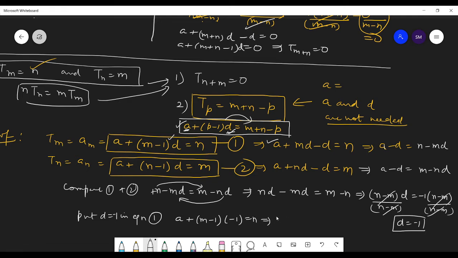So what's the value of a? a will be equals to, here I get minus m, and if you take both the terms this side, their sign will change, so you will get plus m this side, and n is already plus, and minus 1.